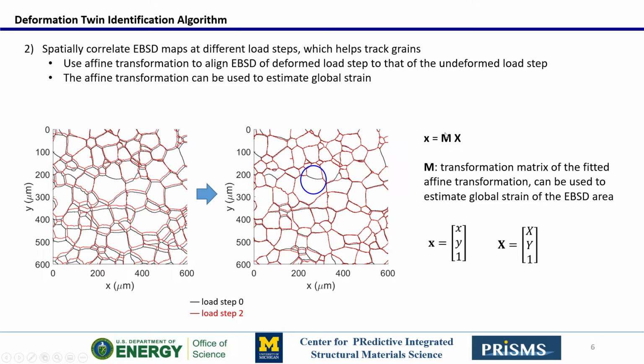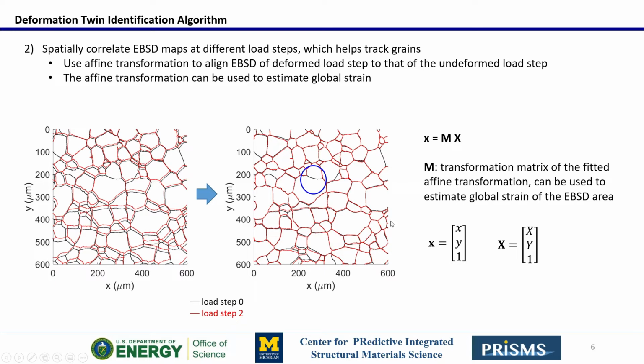And this affine transformation can also be used to estimate the approximate global strain of the area of interest. We can see that after this alignment, the grain boundary overlap has a significant improvement. Therefore, we can easily recognize the same parent grain in different load steps based on their spatial overlap.